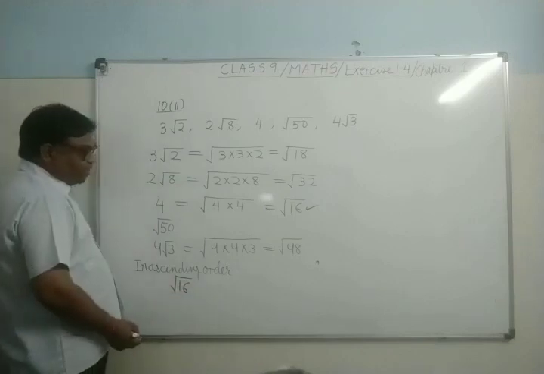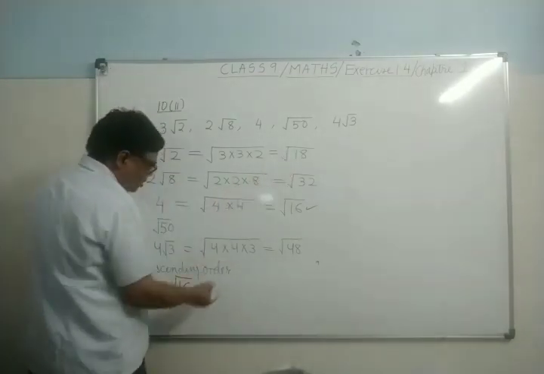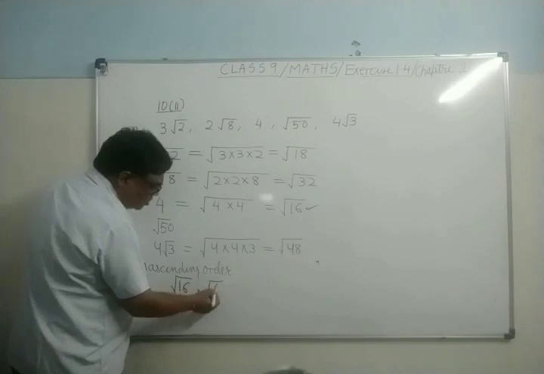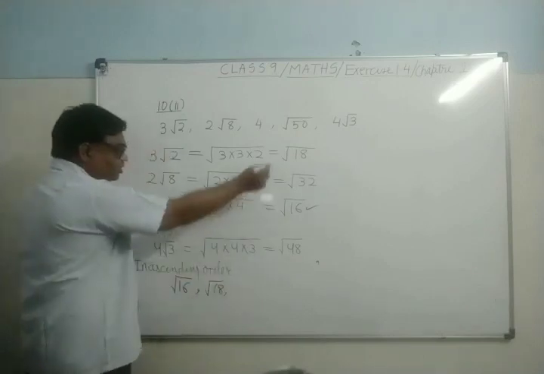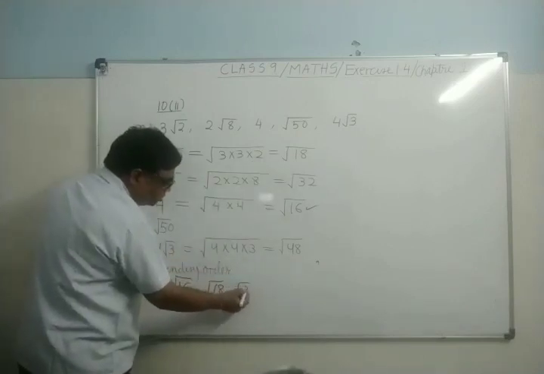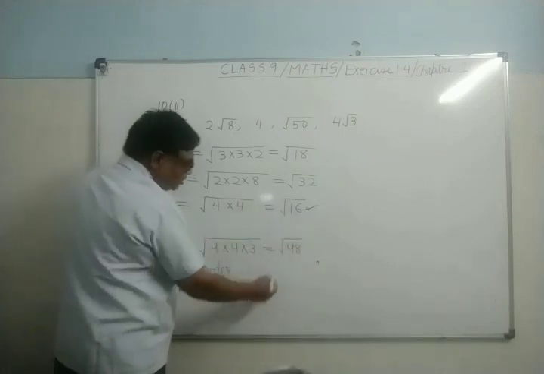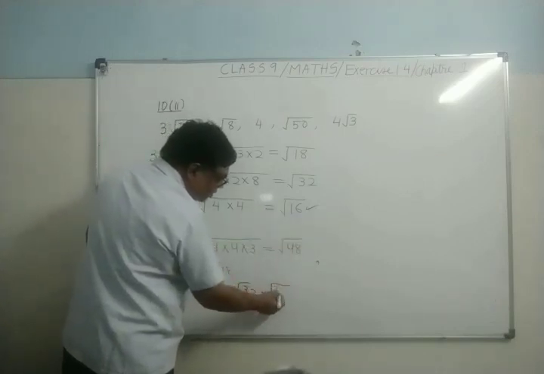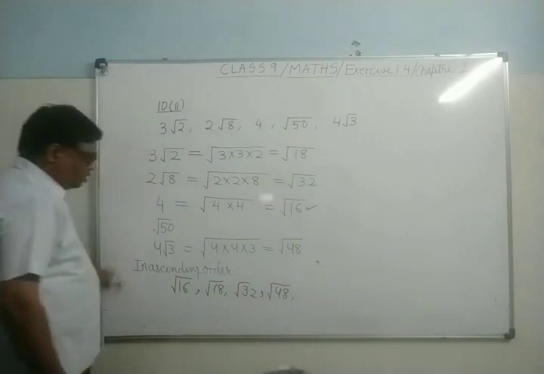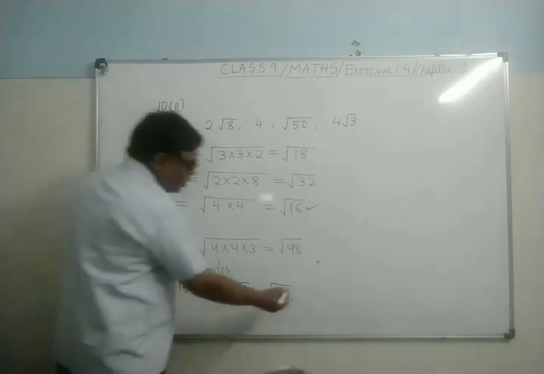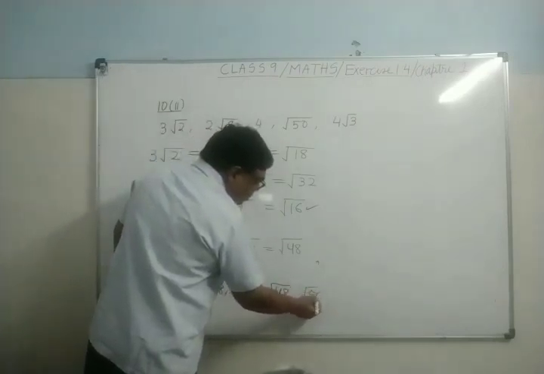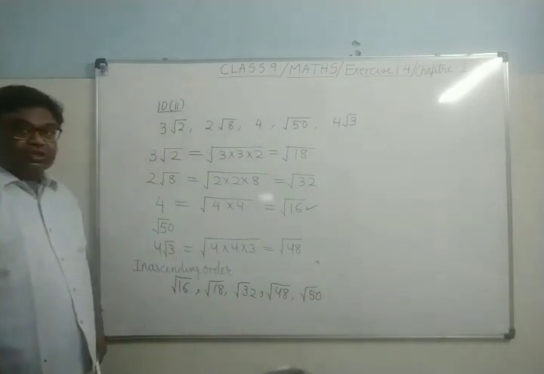Then bigger than this is root 80. Then bigger than this is root 32. Then bigger than this is root 48. And then bigger than that is root 50. Is it clear? So now you write it in original form.